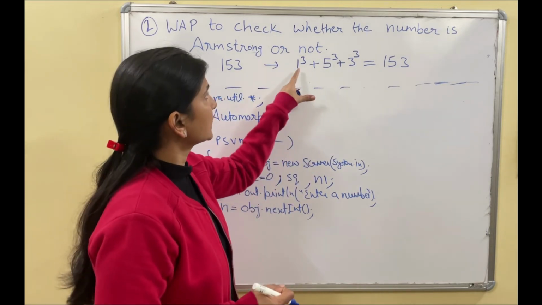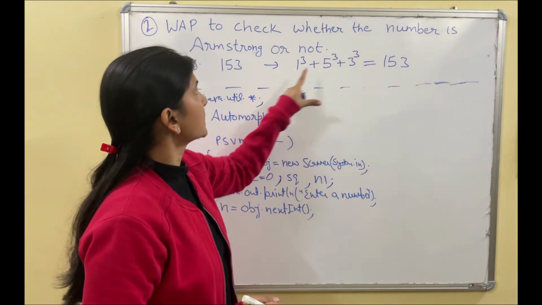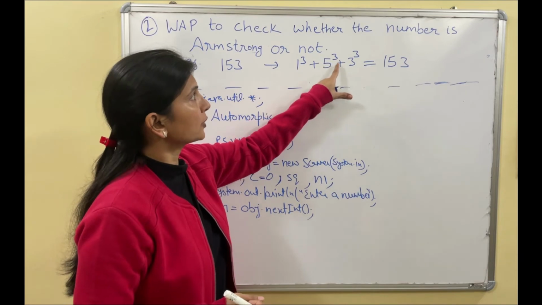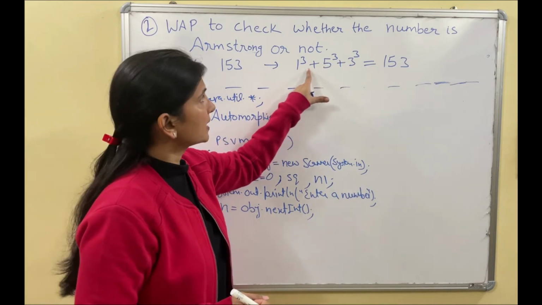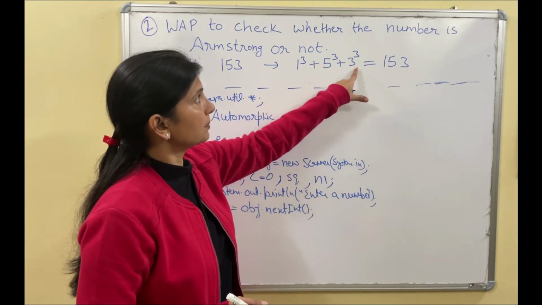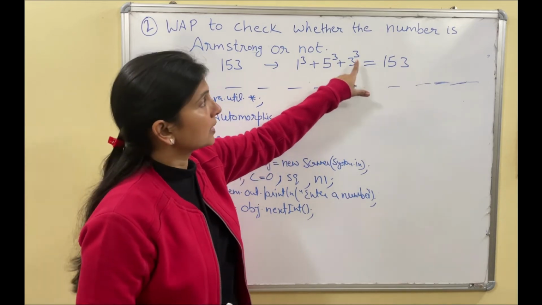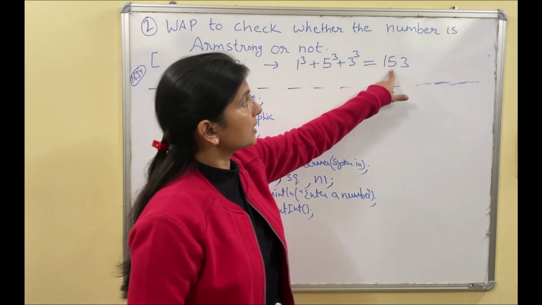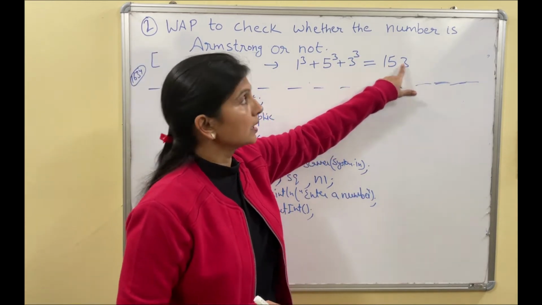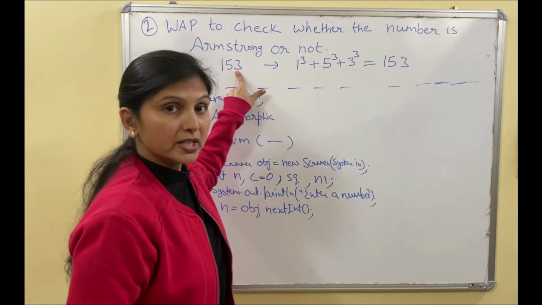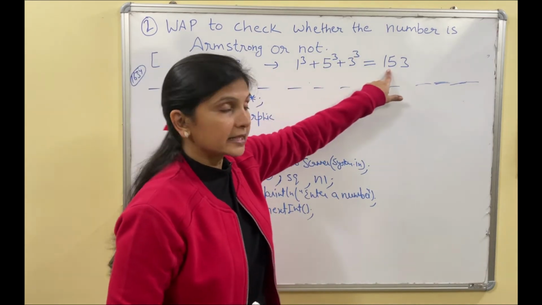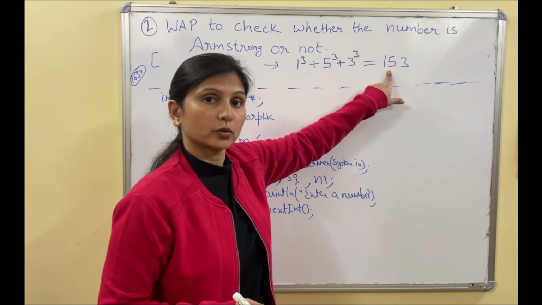So first we will calculate the cube of digits like 1 cube plus 5 cube plus 3 cube, or 1 raised to power 3 plus 5 raised to power 3 plus 3 raised to power 3. So if the sum is the original number, then that is called the Armstrong number.